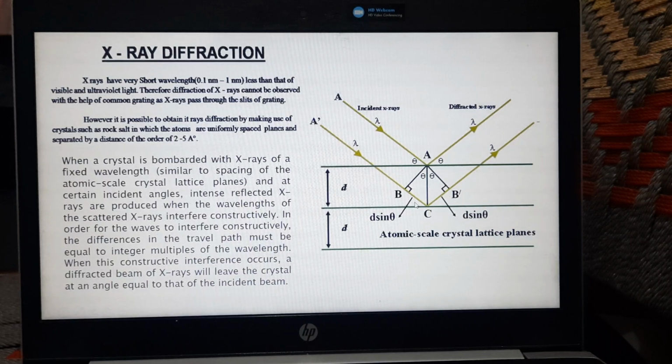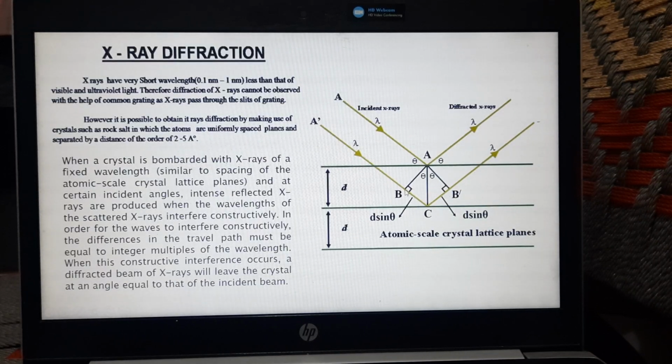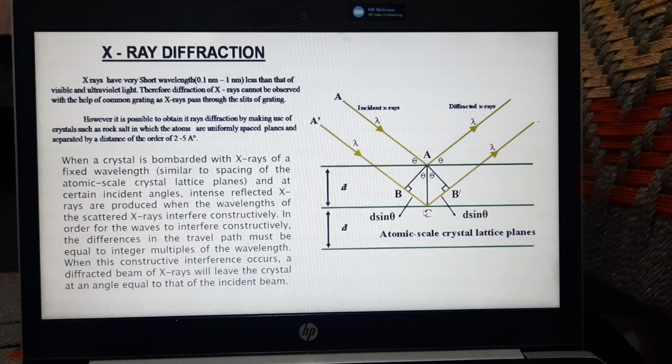So by calculating the two path differences, if we consider the triangle BAC, look, the triangle BAC, this is the smaller triangle, and another triangle B prime AC.